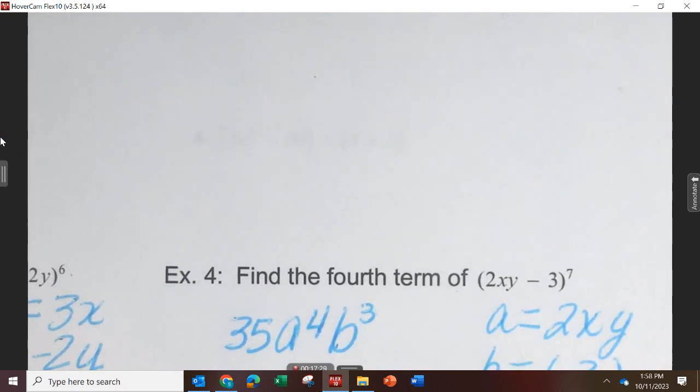Give me a quick hand raise. You don't have to keep it up, but when you know it, give me a quick hand raise.